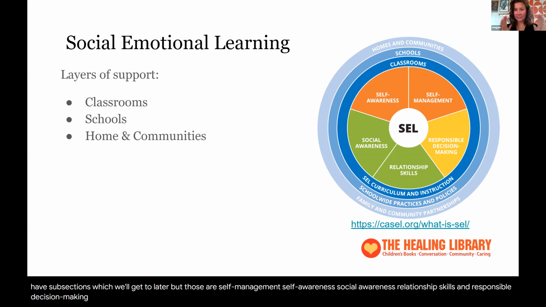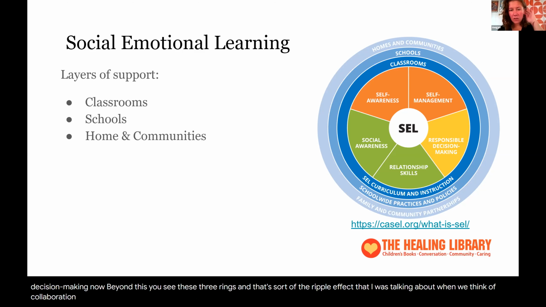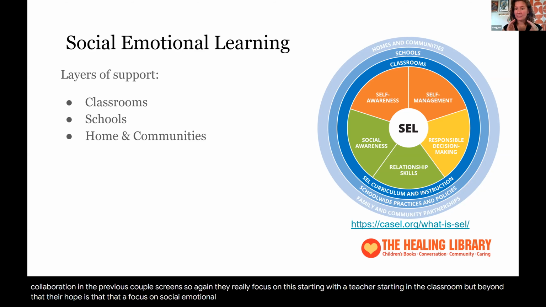Now, beyond this, you see these 3 rings, and that's the ripple effect that I was talking about when we think of collaboration in the previous couple screens. So again, they really focus on this, starting with a teacher, starting in the classroom. But beyond that, their hope is that a focus on social emotional learning will be a school-wide practice.